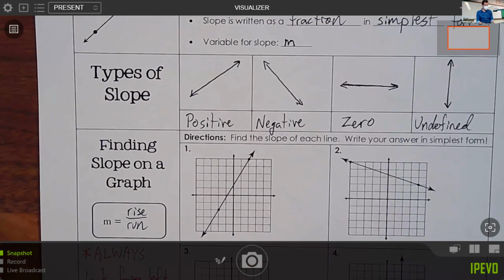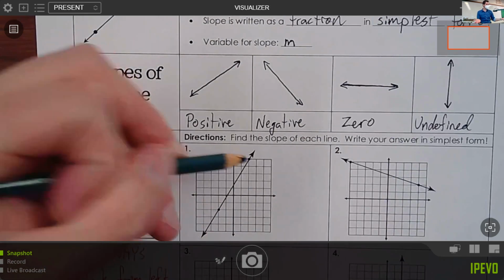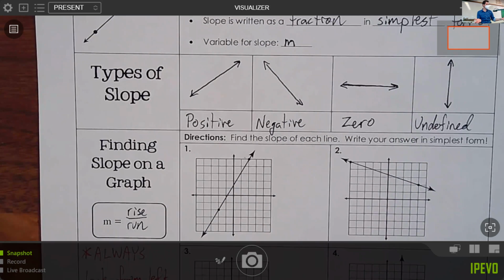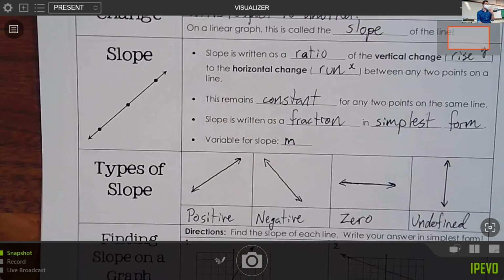So first of all, from this point down here on the left to this point up here on the right, are we going up or are we going down? Is it going up or is it going down? It's going up, yeah. And since it's going up, that means that the slope is positive. As you look at it from left to right, it's moving upward, which means that this slope is going to be a positive slope. So there's a couple things that we know about this already. It's a positive slope.